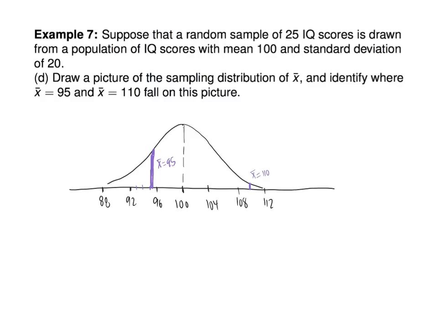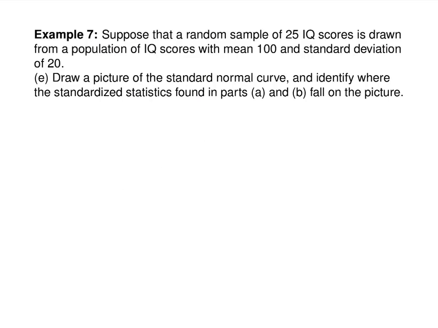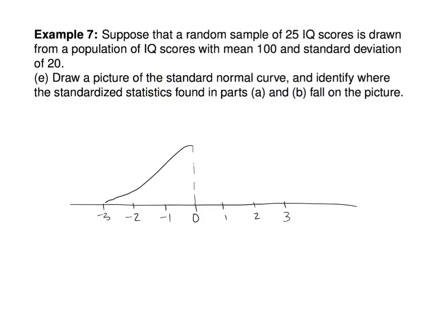And now the question is, what happens to the location of those numbers when we convert this into the z-scores? Okay, so in this case, when we standardize things, our mean becomes 0, and we count in standard deviations. 1 standard deviation, 2 standard deviations, 3 standard deviations. Minus 1 standard deviation, minus 2, minus 3. And the mean is 0, and the shape is the same. You kind of decrease quickly.